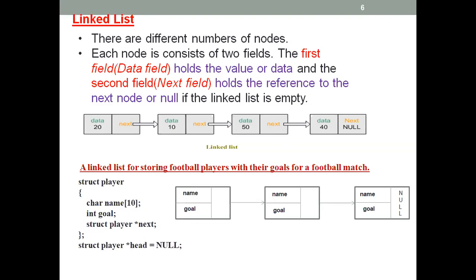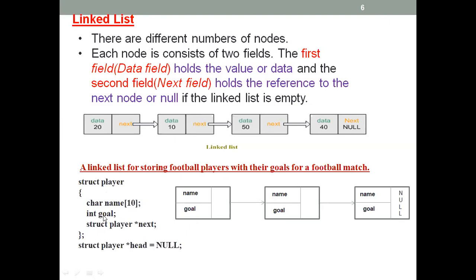A linked list for storing football players with their goals for a football match. So how do we declare the structure? We have a football player, that's why we have a player. Inside the structure, we declare, as we already know, a character array for the name. If the name is too long, you can put 30 or 40 or 50, no problem. And then an integer for the goals.